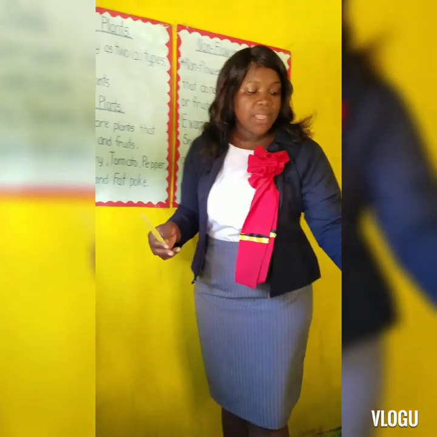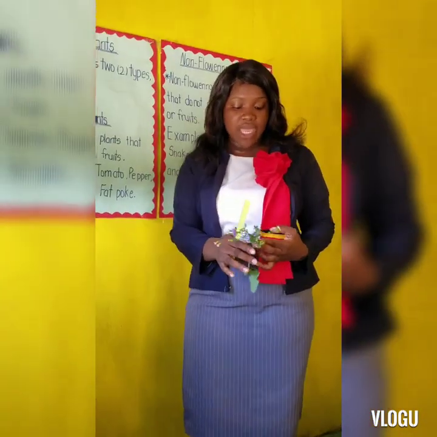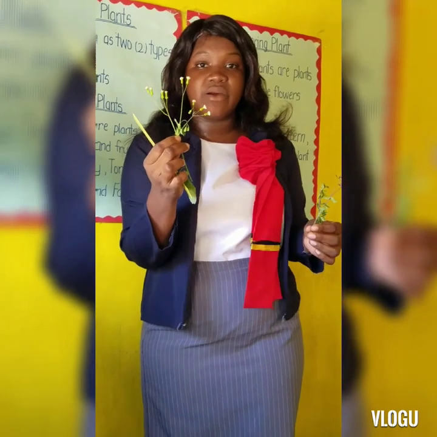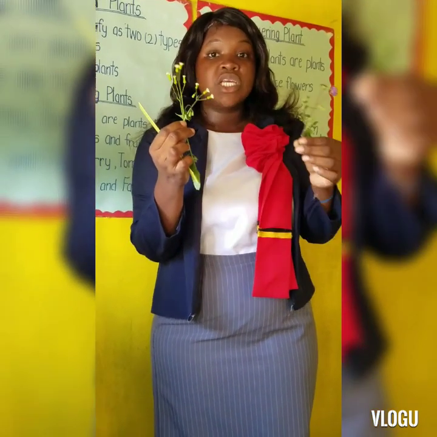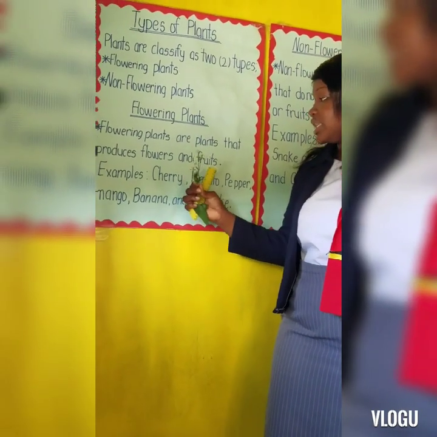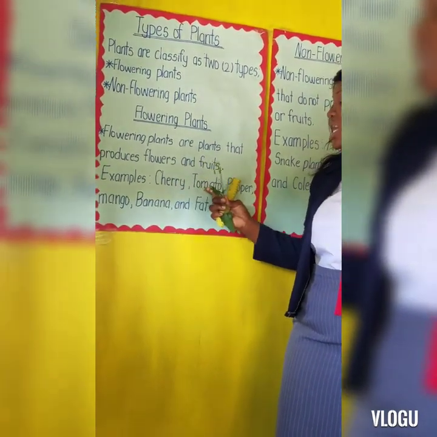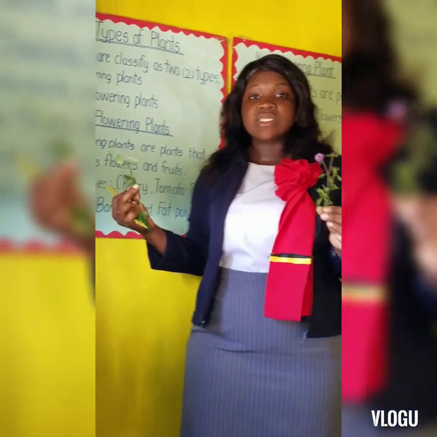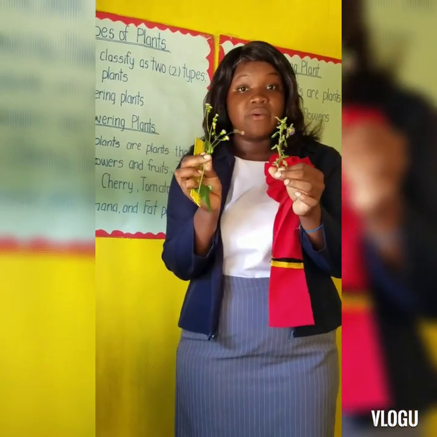And non-flowering plants do not produce any, right? Take for example these plants. These are flowering plants, right? They produce flowers. And the ones we mentioned here, they produce the flowers and the fruits. These also are flowering plants.